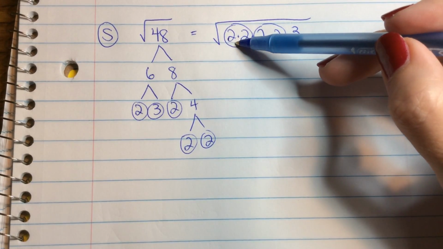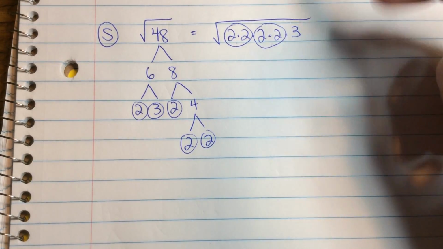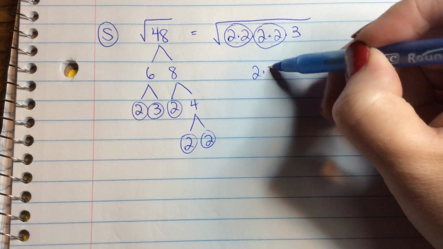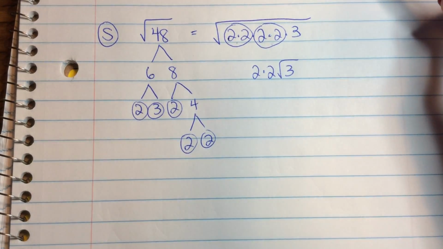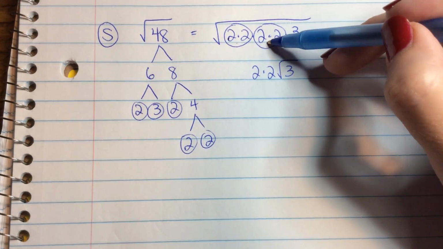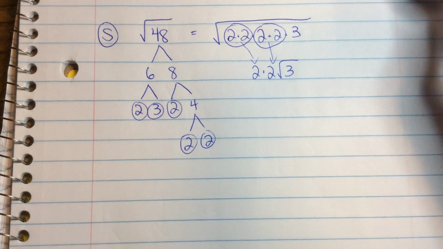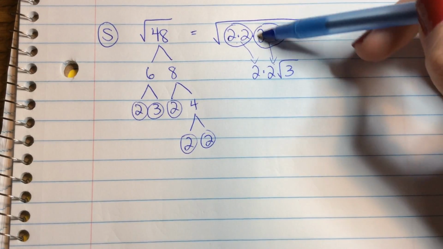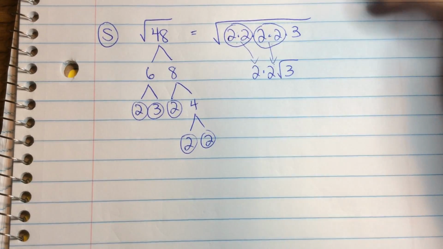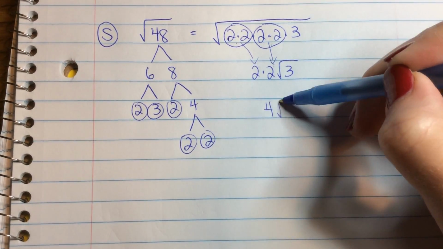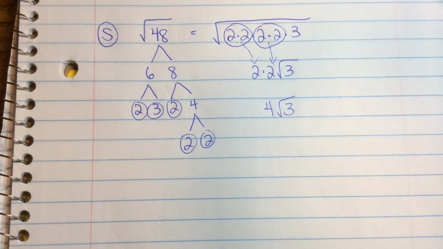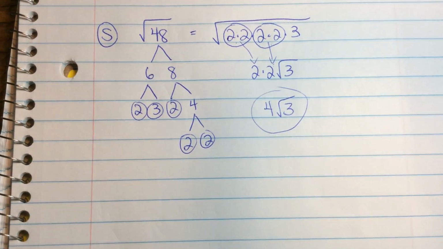And I have not just one 2, but I have two 2s that are going to come out front. So 2 times 2. And then the 3 stays behind. So this pair is this one, and this pair is this one. That's where the two 2s are coming from. So I really have 4 square roots of 3. Final answer.